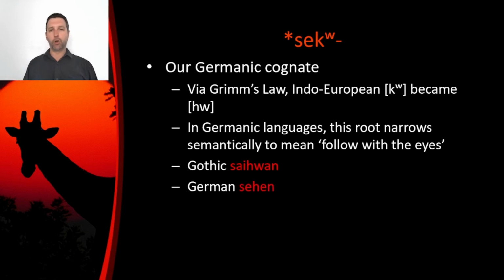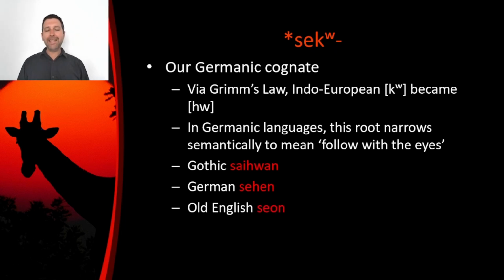So, for instance, in German, and I'm going to pronounce it like German, sehen. All right, the H is still spelled there, but you can see that it's still a basic disyllabic word. In Old English, that H was totally gone and it was spelled seon. It was still disyllabic, but it was still going to erode even further into modern English.